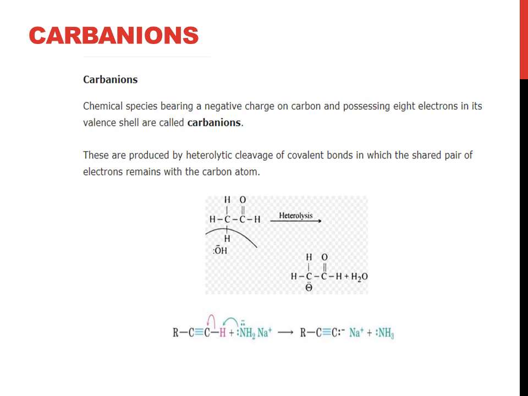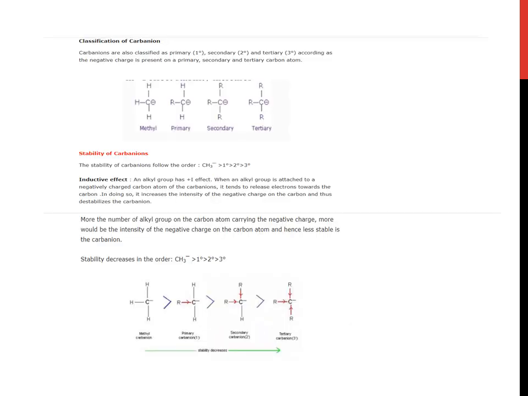It will become RC triple C negative, and this carbon will get one lone pair of electrons. So it will be RCC Na positive, leaving behind ammonia NH3. This nitrogen contains one lone pair of electrons.